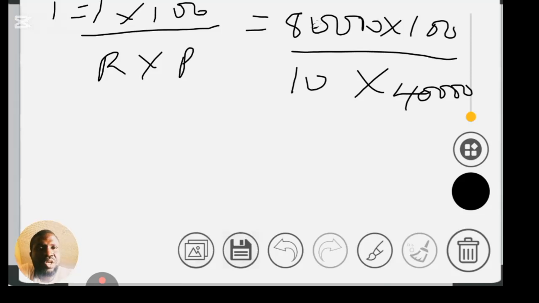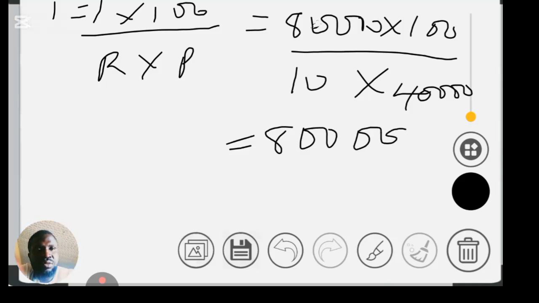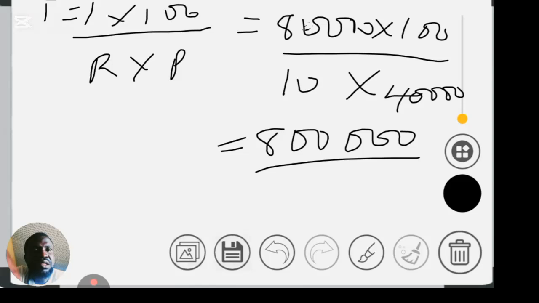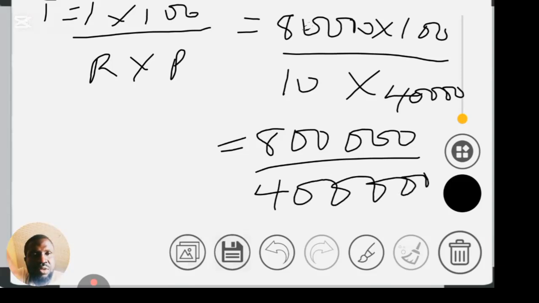8,000 times 100 is equal to 800,000. Then 10 times 40,000 is equal to 400,000 naira.